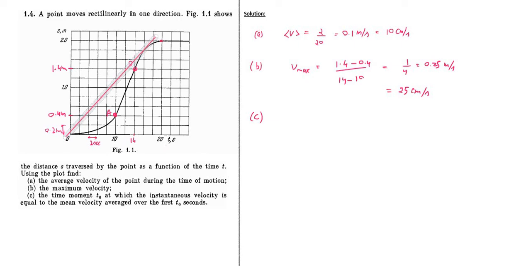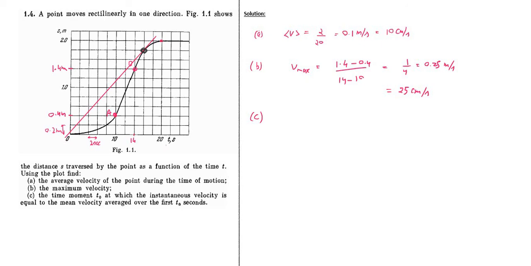So we can say that this straight line will be the tangent at this point. So at this point, this straight line will give you the average velocity, and the tangent will give you the instantaneous velocity.